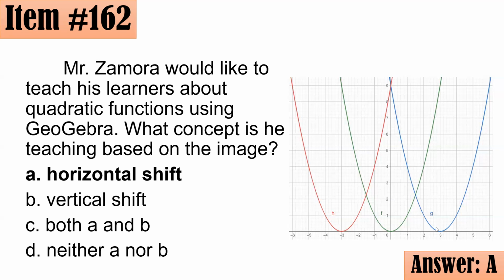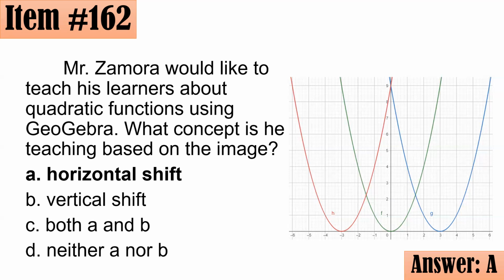So in this case, Mr. Zamora is talking about horizontal shift. And when we say horizontal shift, it's either going left or right. Kapag sinabi po nating vertical shift, yan naman po ay ang either going up or going down. Okay? And we will learn more about that next time po. Letter A.